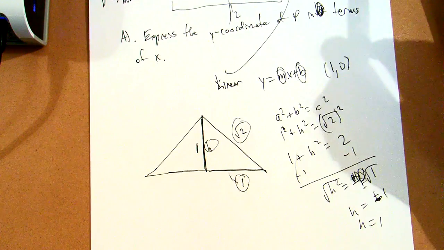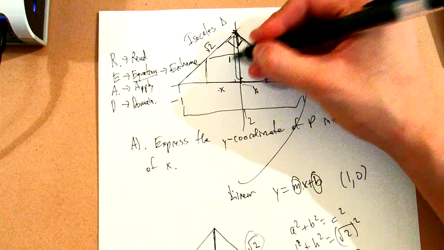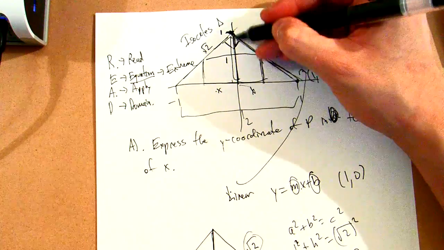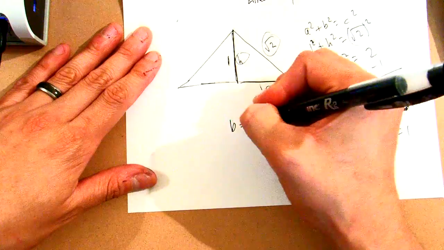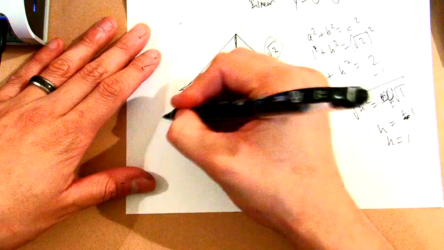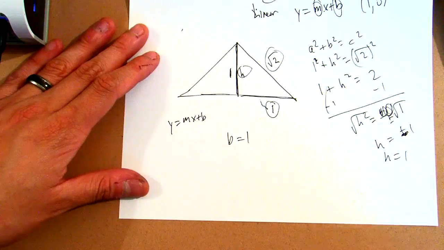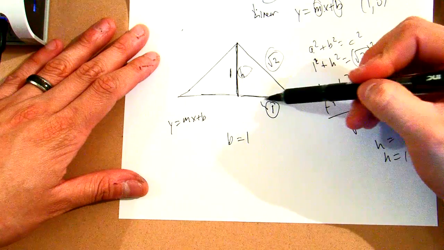So it looks like if you had a sneaking suspicion that was 1, we just proved it here. So we know now that if you look at it, this distance is 1, which means it hits the y-axis here at 1 because this is 1 tall, right? So clearly the y-intercept is 1, which means in my equation, b is 1 so far. In my equation, y equals mx plus b, and the slope is rise over run.